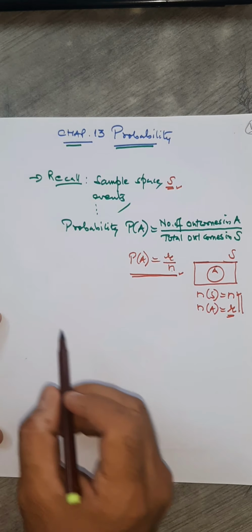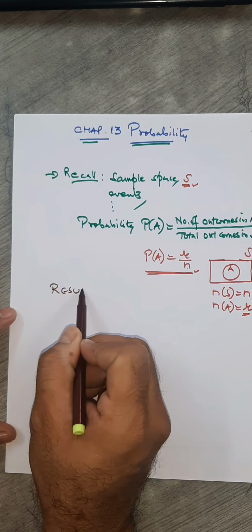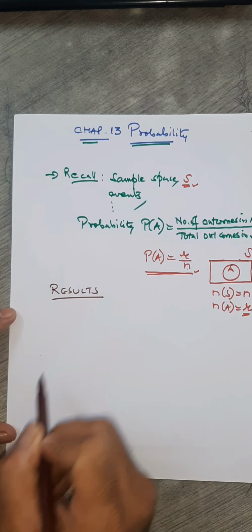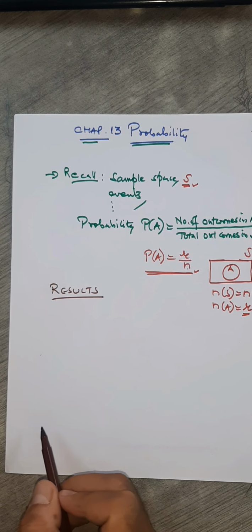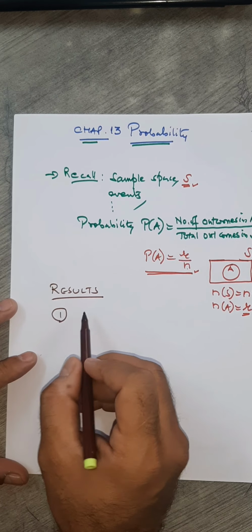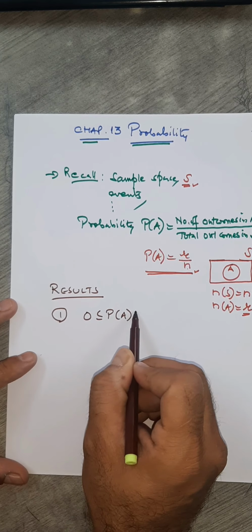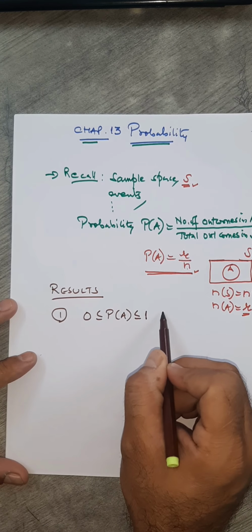Now, you also did these results, so I'll just state the results about probability. One, we know the probability of any event A is always greater than or equal to 0 and less than or equal to 1.